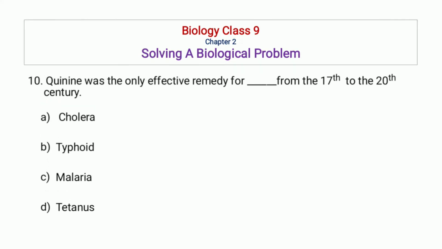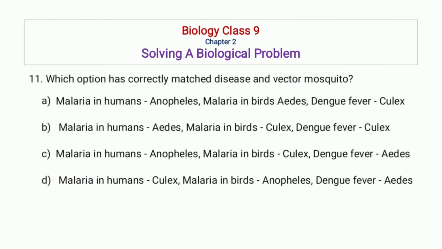Quinine was the only effective remedy for dash from the 17th to the 20th century: cholera, typhoid, malaria, tetanus. The correct option is malaria. Which option has correctly matched disease and vector mosquito? Malaria in humans, Anopheles; malaria in birds, Aedes; dengue fever, Culex.